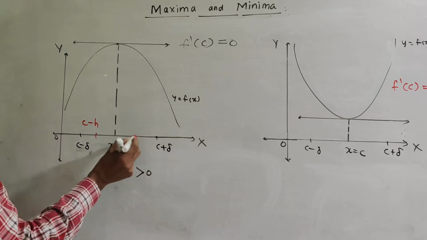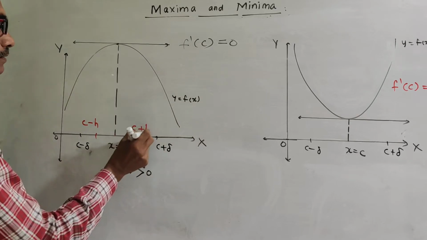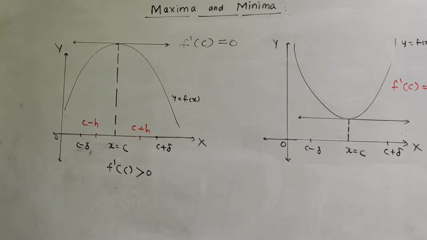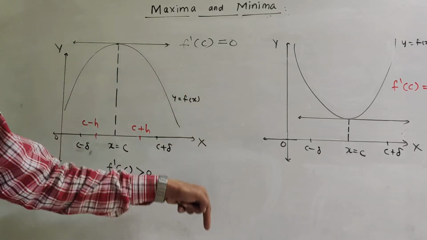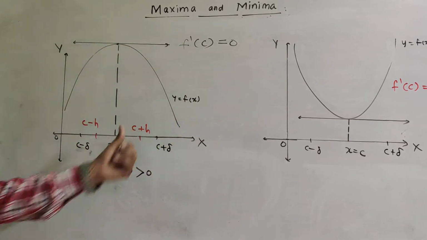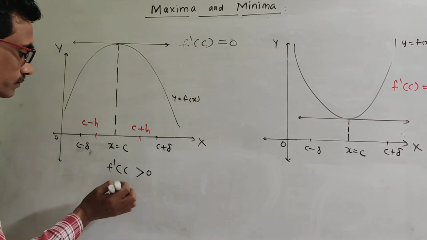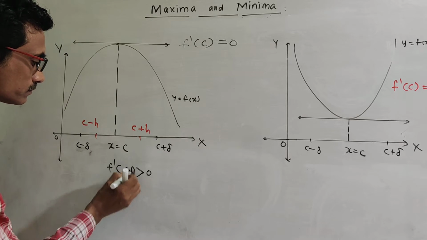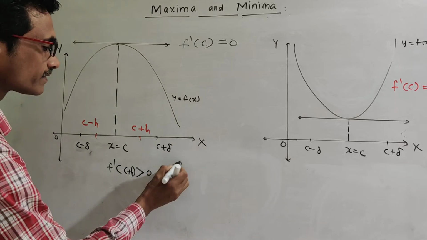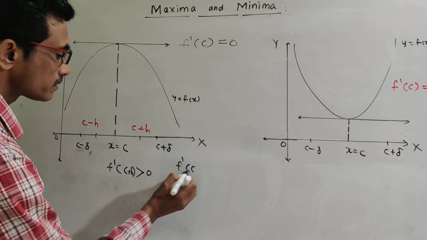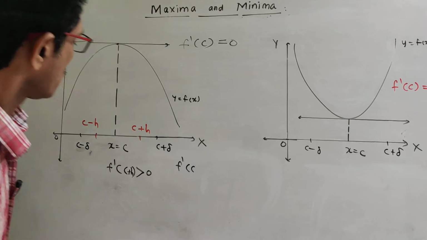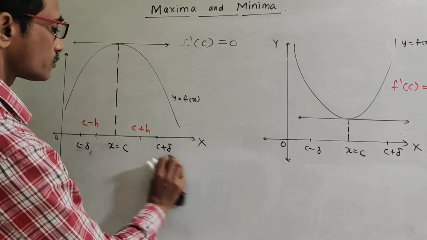Here you are taking some point, say c plus h, to the right of c. What is the function here? Decreasing. So as the function is decreasing, f dash of c plus h is negative. What are we getting for f dash of c plus h and f dash of c minus h?